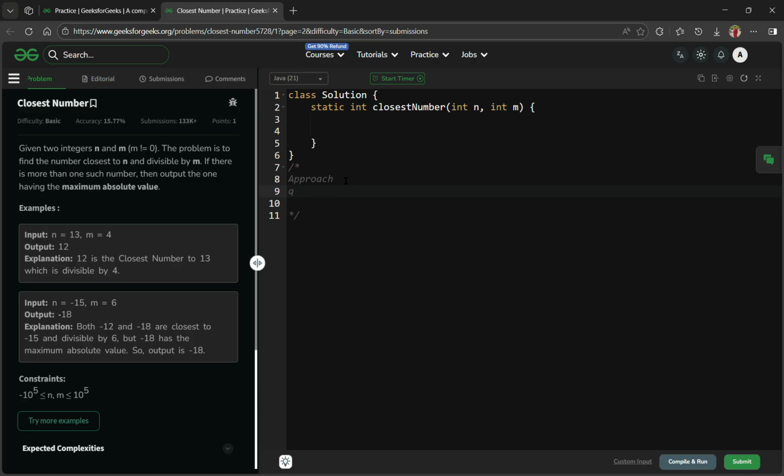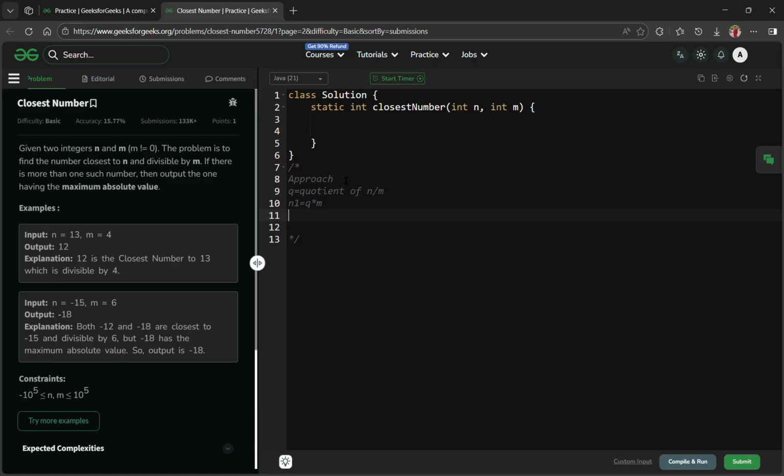We first find q, which is the quotient of n by m. Next, the first possible number, n1, will be q, the quotient, into the divisor.